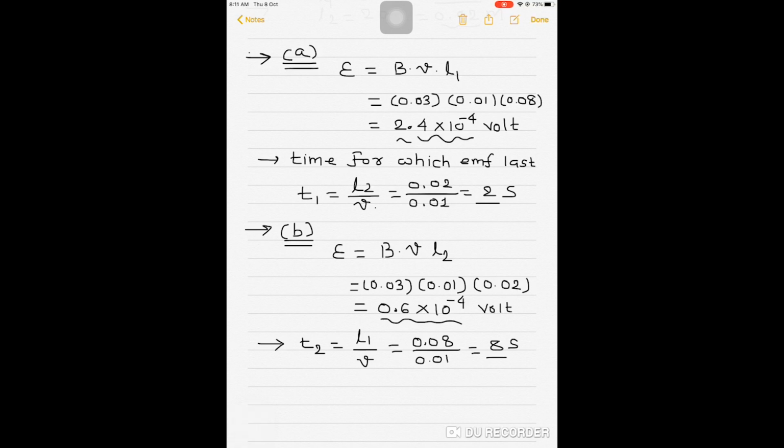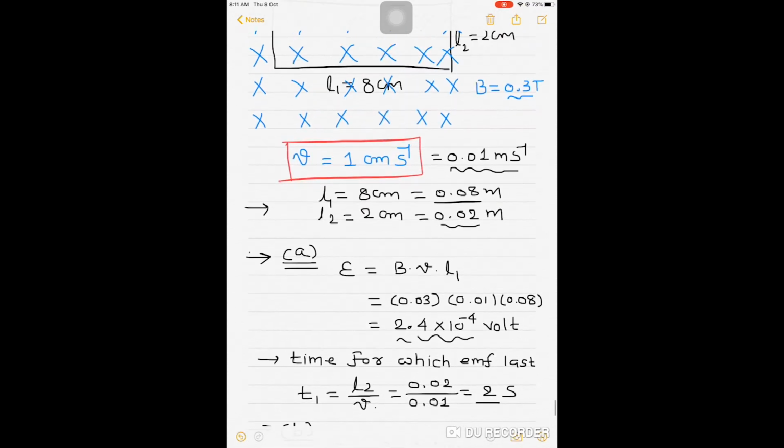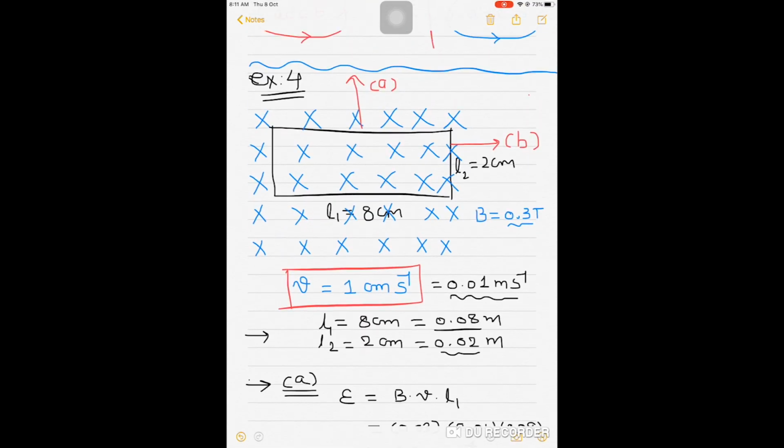This is also visible: when the object moves from left to right, as indicated in B, it will move out of the magnet. So it has a length of 8 centimeter from left to right, and therefore when it moves, it will last for 8 seconds because it will have more time in the field. So that will be the part of question number 4. Now we will move to the next part.